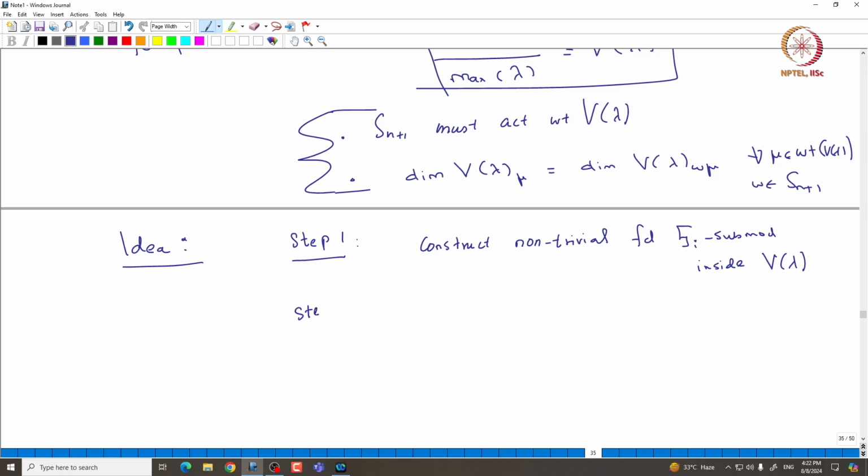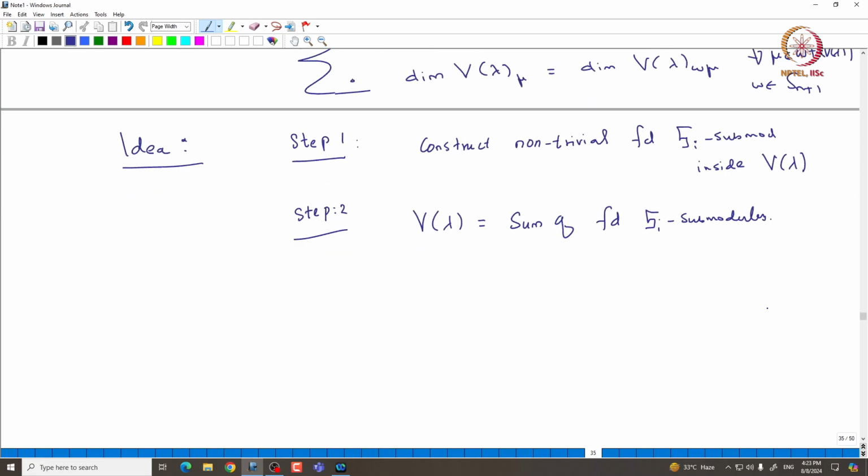The second step: we want to say that V lambda, which could be infinite dimensional, is a direct sum of finite dimensional SL2 modules. It is enough to say it is a sum of finite dimensional s_i submodules.